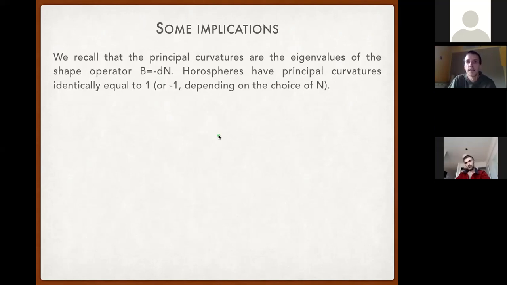You might wonder why you require the interval (-1, 1) for the principal curvatures. Well, basically because 1 is the value of the principal curvatures of a horosphere, or -1, depending on which normal vector you choose.